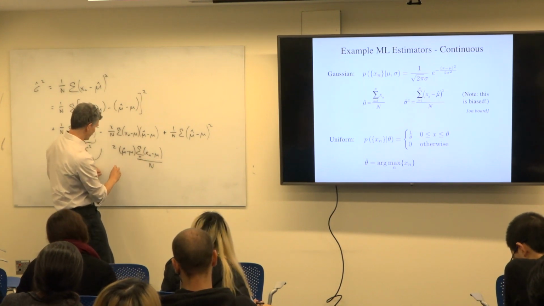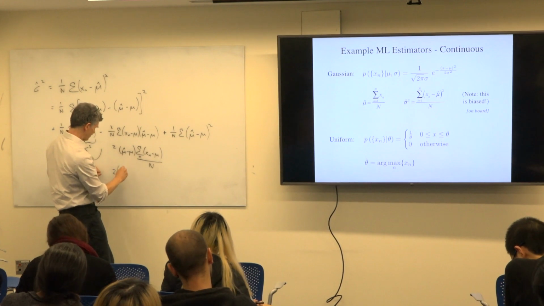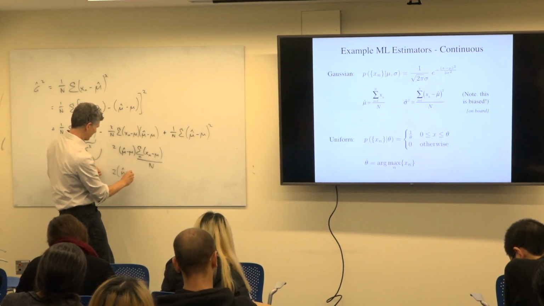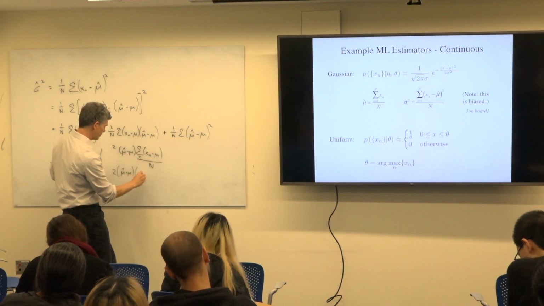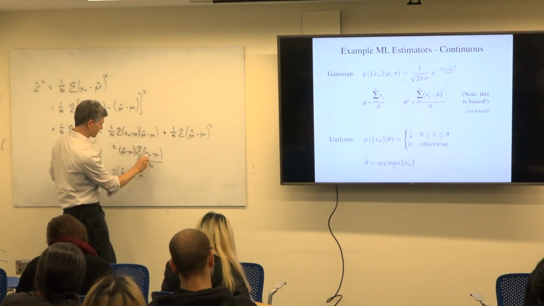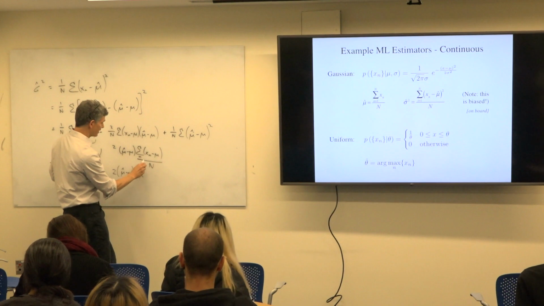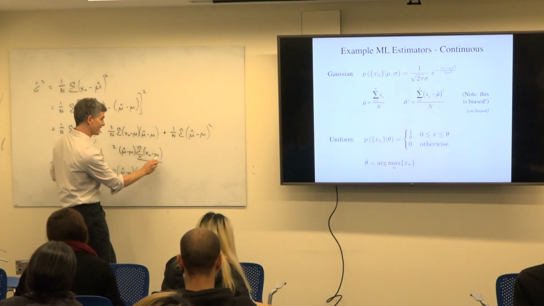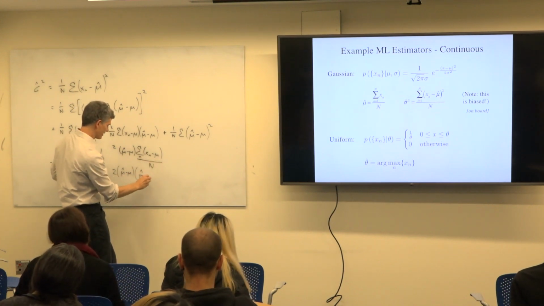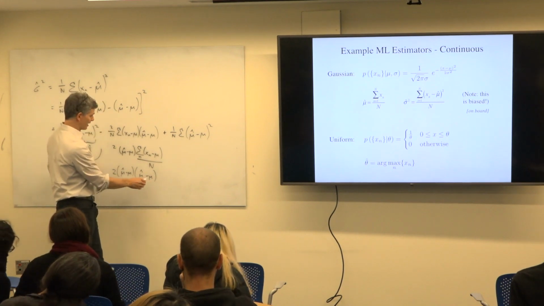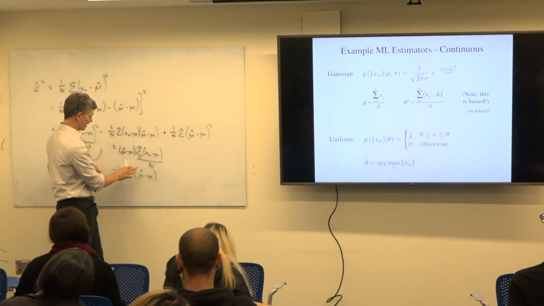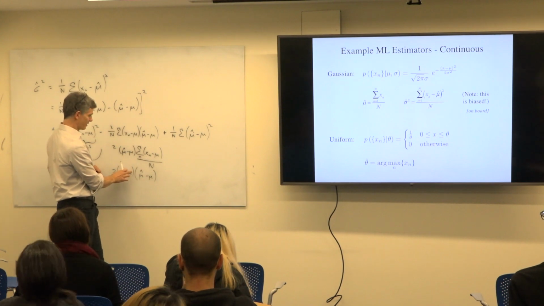So this whole thing is 2. I still have this mu hat minus mu out in front. And this thing becomes what? Well, it becomes mu hat because I've got the sum of the xn's divided by n. And the other becomes the sum of the mu's, that's n mu's, divided by n, so that's just mu. Oh, that's kind of nice. It's mu hat minus mu, multiplied by mu hat minus mu.